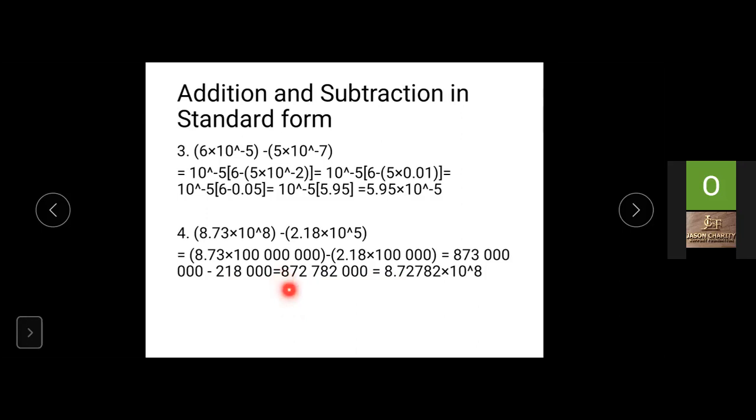Let's check how many times we move. We move 1, 2, 3, 4, 5, 6, 7, 8. So we have 8.72782 times 10 raised to the power of 8. This is our answer. This is the second way of solving addition or subtraction in standard form.